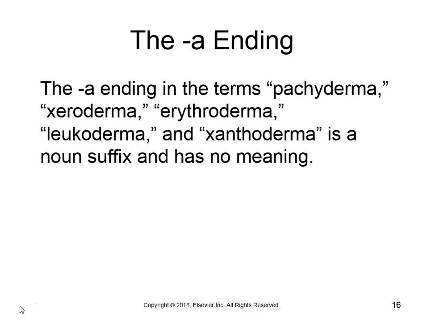It means red. So if your skin is excessively red or carries an excessively red tone to it. You could also have leukoderma for white skin, or xanthoderma for yellow skin. Xanthoderma is actually, we'll learn later on, another term used for jaundice. I think some of you have heard that before, where your skin turns yellow because you're having some liver issues.